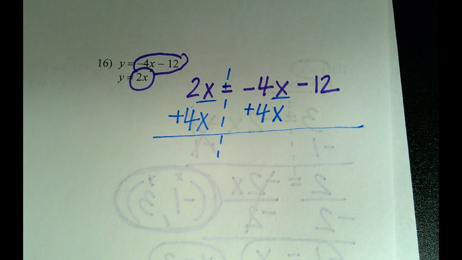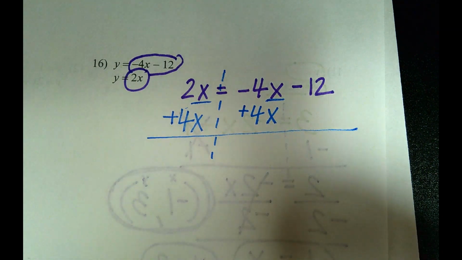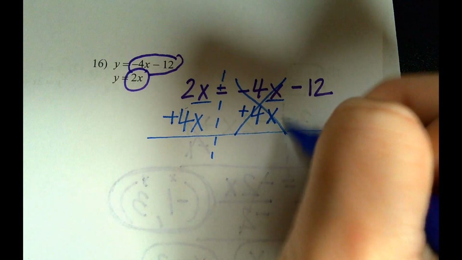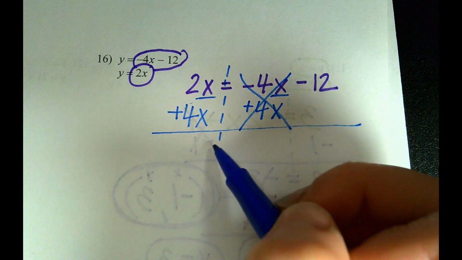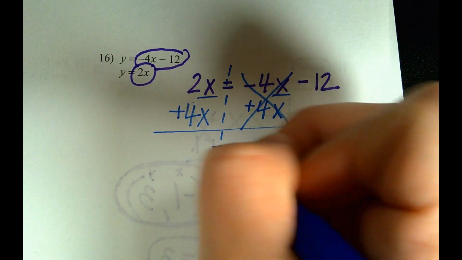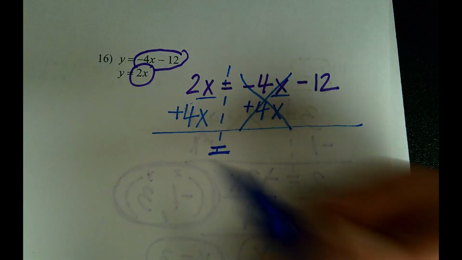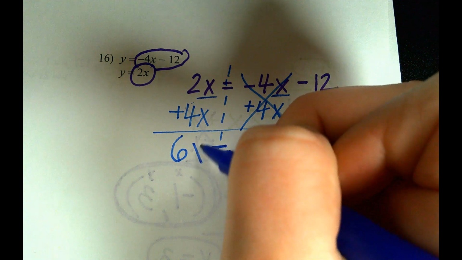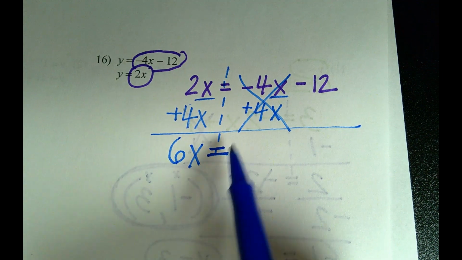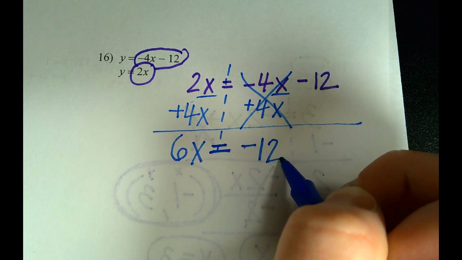Okay, what happens to minus 4x and plus 4x? They cancel out. I'm going to bring down that equal sign. Okay, and what's 2x plus 4x? 6x. So 6x equals negative 12.